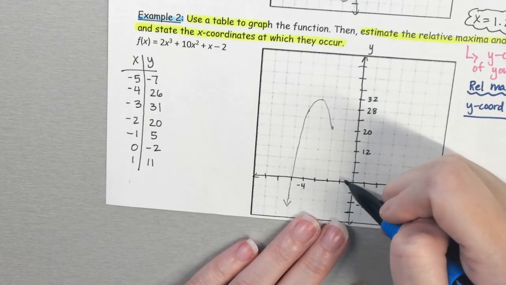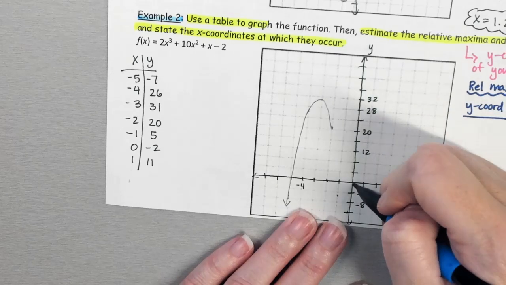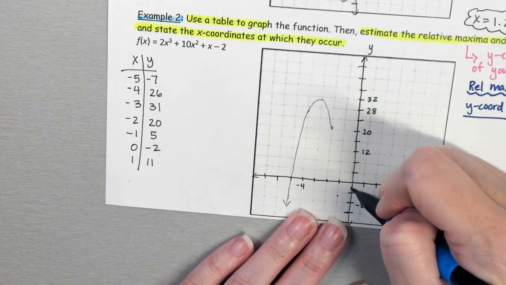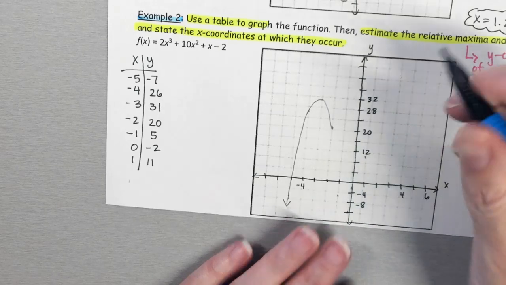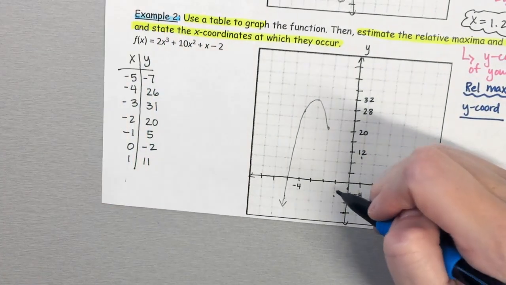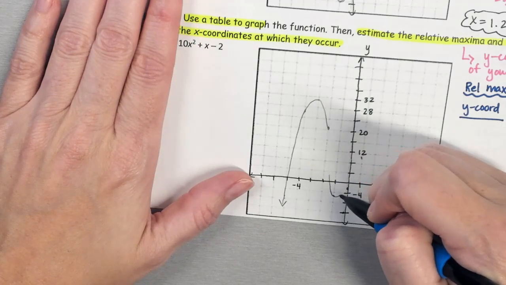Okay, and then at -1, we're at -5. At 0, we're at -2. At 1, we're at 11. So again, sometimes what I do is I do this curve first.